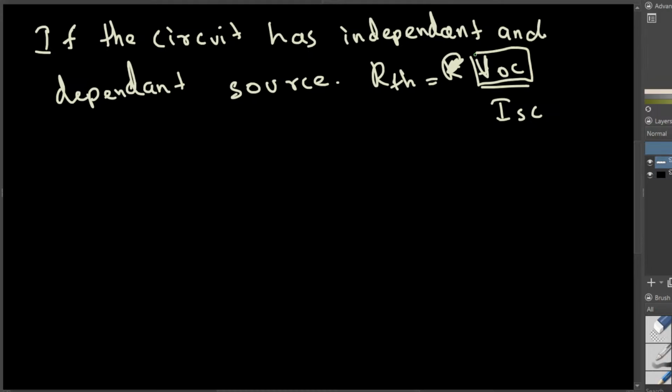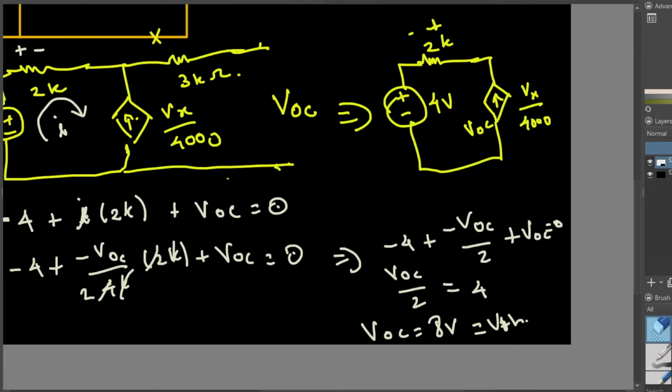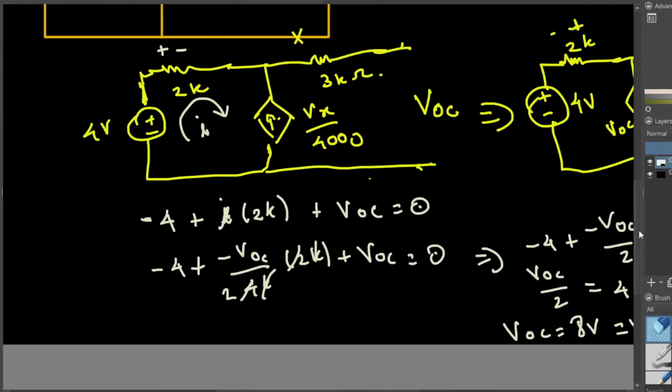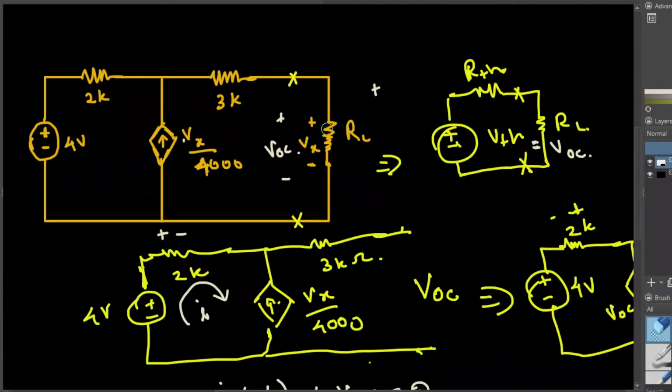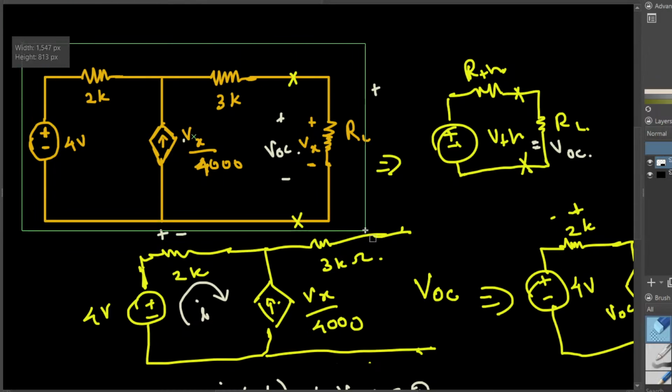But we have to find ISC. ISC is the current at short circuit. Let's find it. What we do is we grab this circuit we have and short circuit the load resistance. Let me copy this and paste this circuit in the next page.